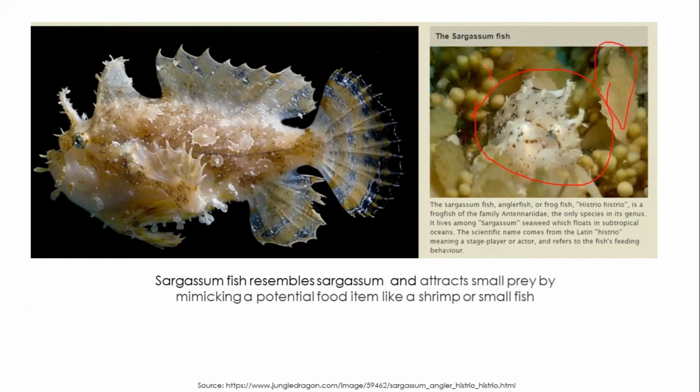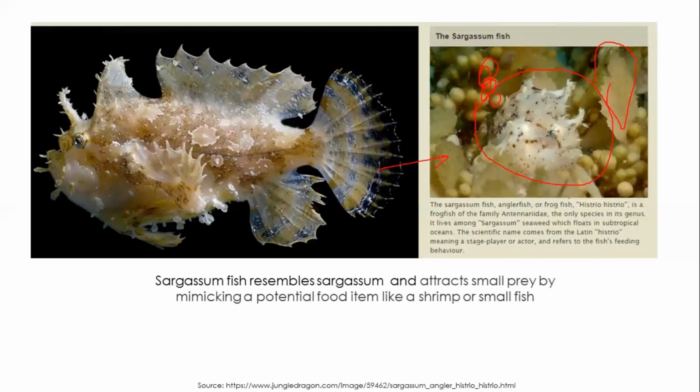And these are the air bladders. So you cannot clearly differentiate that there is a fish. However, this sargassum fish, which is also an anglerfish, has developed the coloration, morphology, and pattern which looks like the sargassum bed where it resides. So you cannot easily see it.